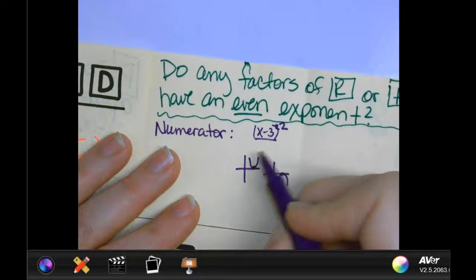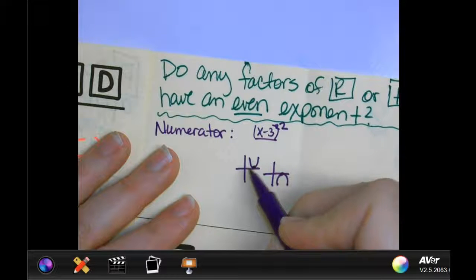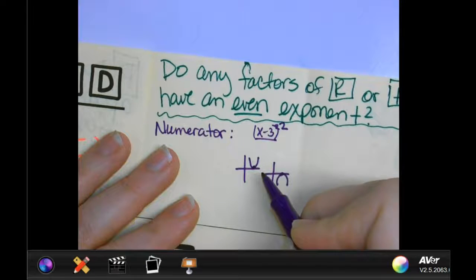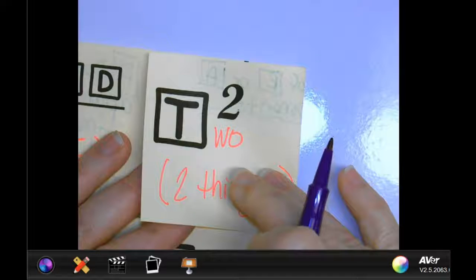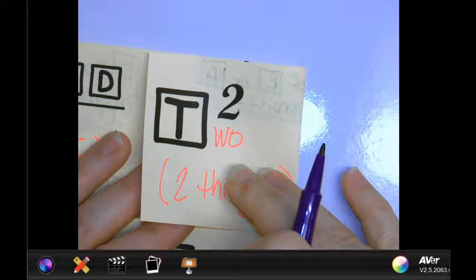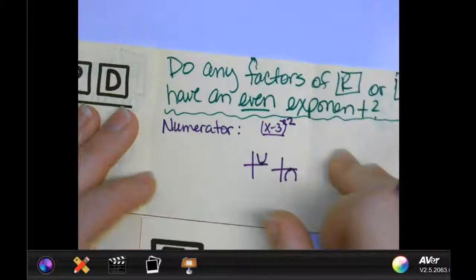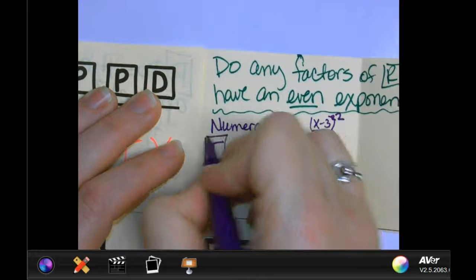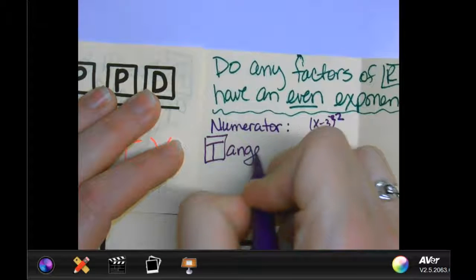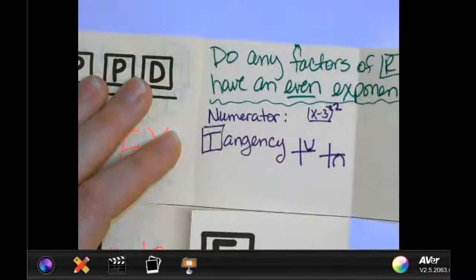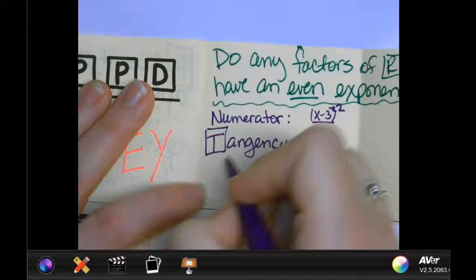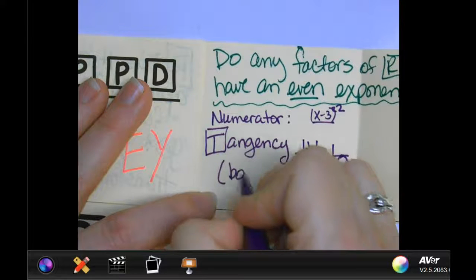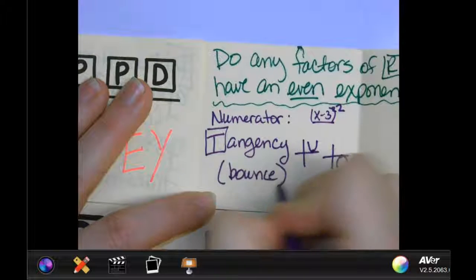So how is the function related to the x-axis at that point? What's the word? Starts with the T. Tangent. Good. Okay, so in the numerator, then the T is for tangency that we're looking for. In the numerator it gives us tangency, which is the bounce that we had looked for before, just like with a polynomial.